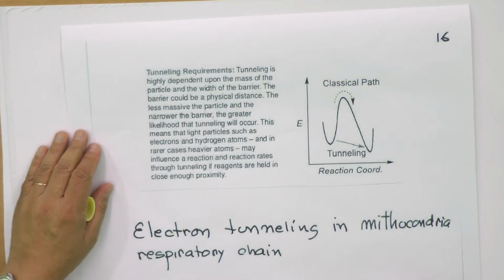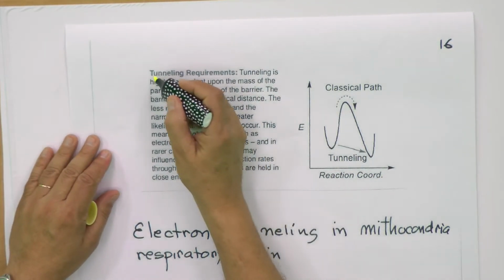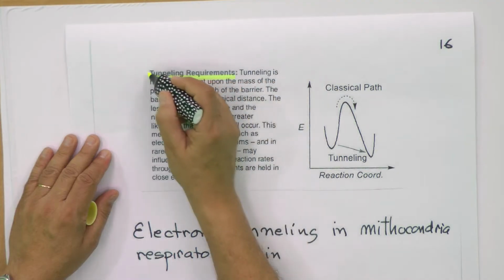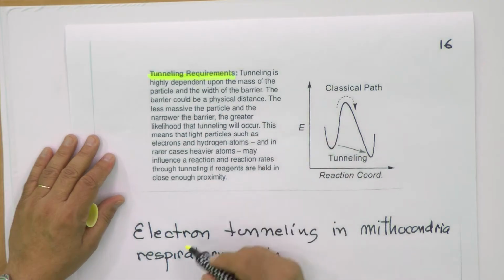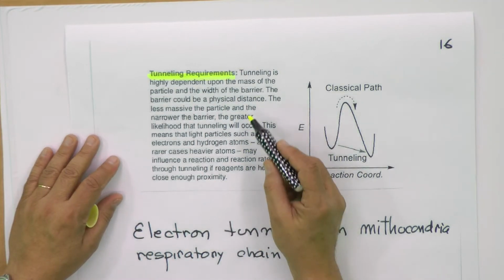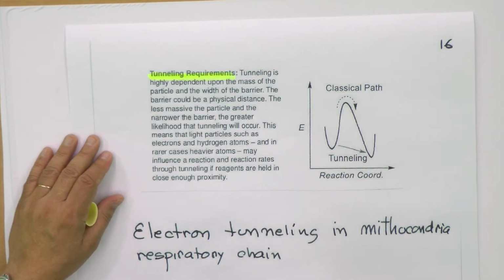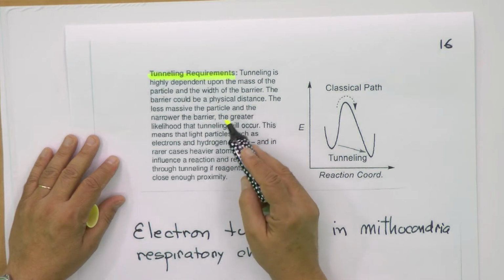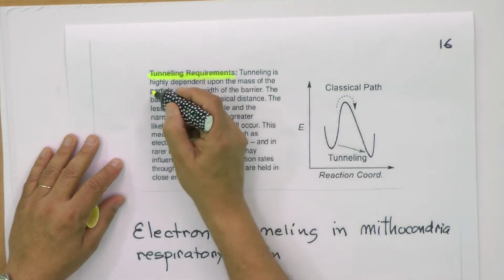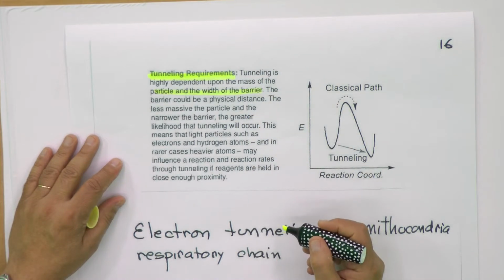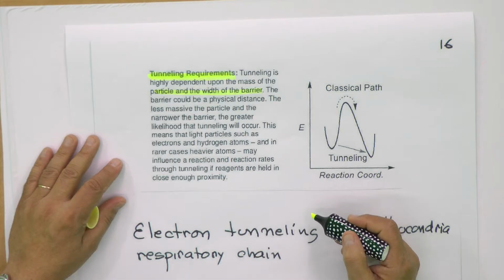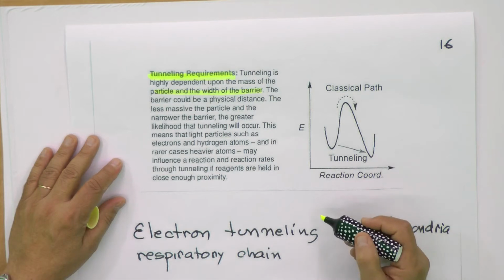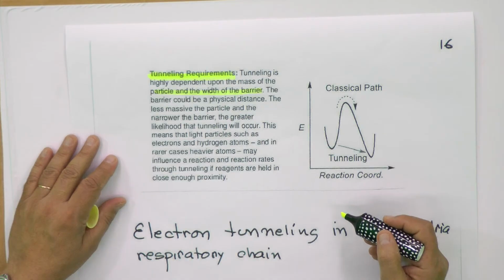Okay, here I found in a book a very interesting definition, and I reproduced it here because it's interesting. Tunneling requirement. Tunneling is highly dependent upon the mass of the particle, as we saw, and the width of the barrier, as we saw, and now you know how that depends. The barrier could be a physical distance. The less massive the particle and the narrower the barrier, the greater the likelihood that tunneling will occur.